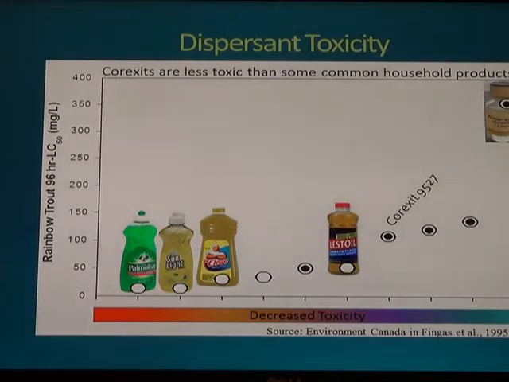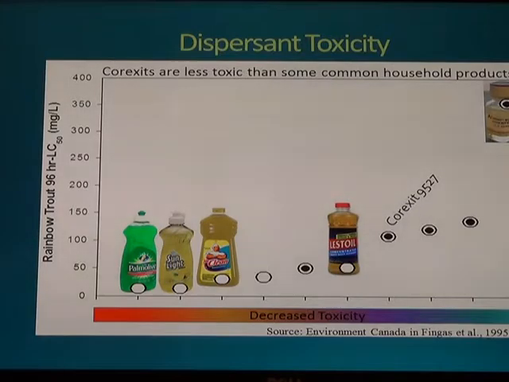So when we look at comparisons of what we call common household products, which you see at this end of the scale, and then we compare it to something like Corexit 9527 right here on the scale, and this is where Corexit 9500 would fall on the scale. For this particular test, they were looking at rainbow trout LC50 at 96 hours.